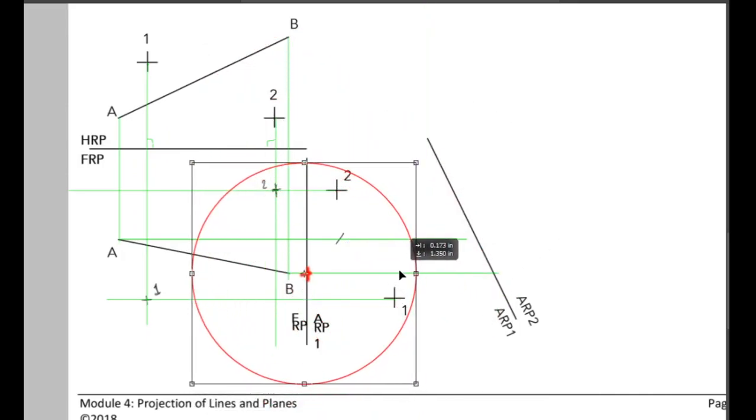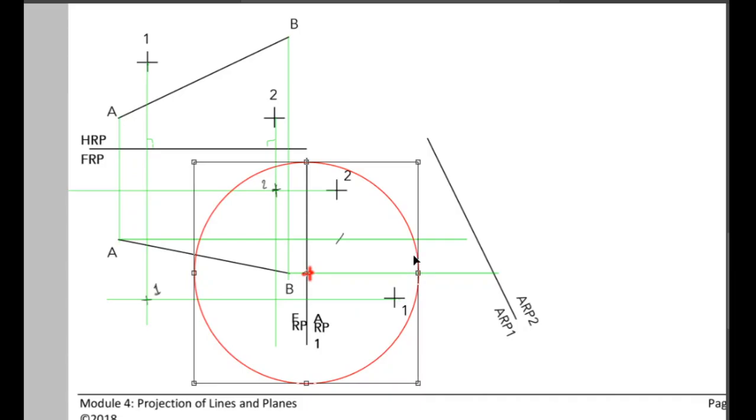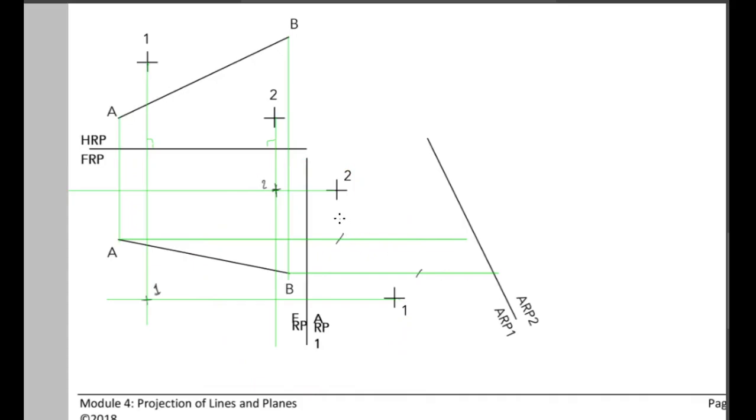So this should be the location of B. Let me hide my quote unquote compass now.